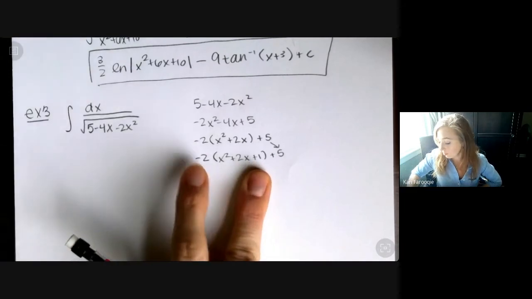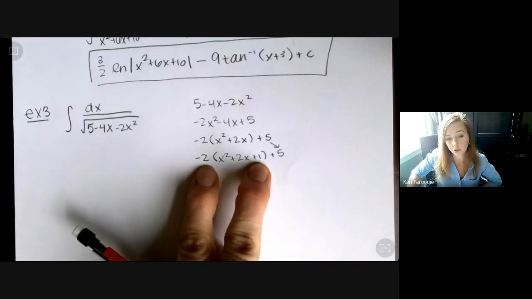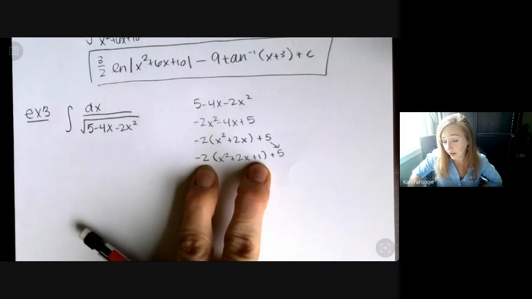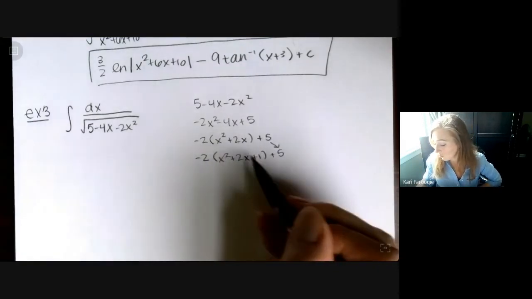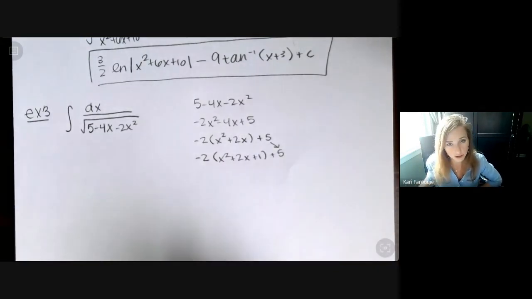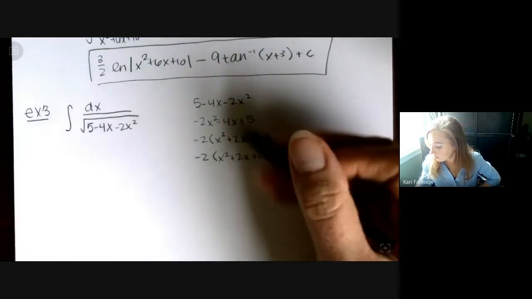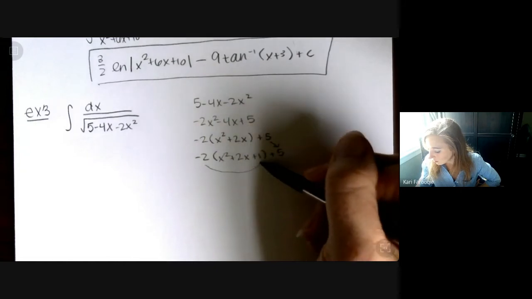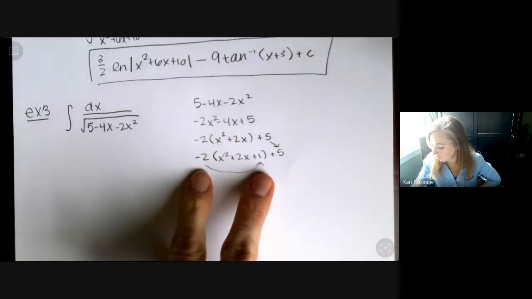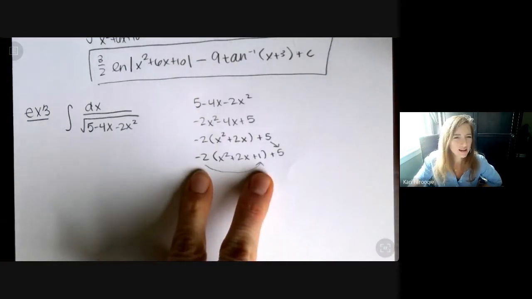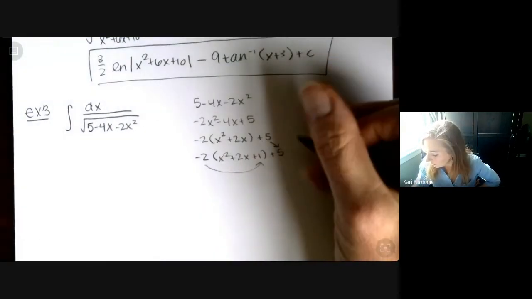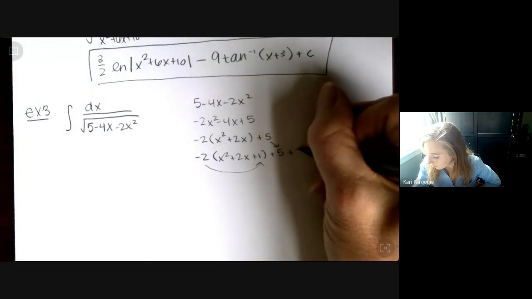You have to consider the fact that when you factor out this negative 2, it still technically is going to get distributed into the parentheses at some point, and that's going to affect your expression. So you need to consider the fact that instead of adding 1, you actually added negative 2. Negative 2 times 1 is negative 2. So you need to account for that by adding 2 back in.